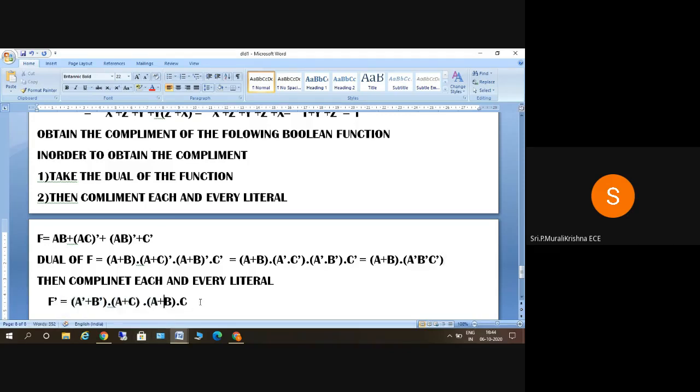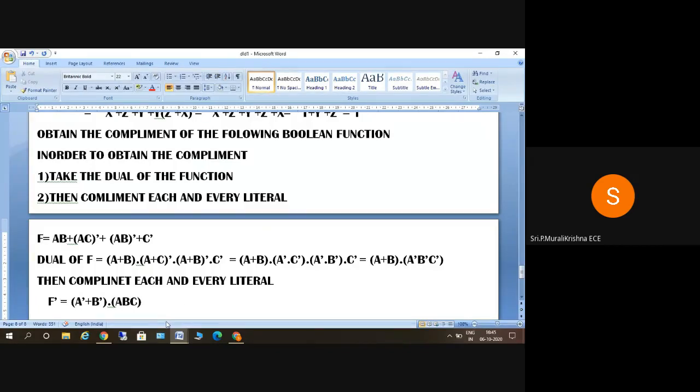So coming to the complement each and every literal, so what I have to do, so complement each and every literal, and so it is A bar plus B bar into ABC. Okay, so if I perform multiplication, so what I'll be getting here, so A bar into ABC, A into A bar is 0, so B bar into B, so it is nothing but 0.